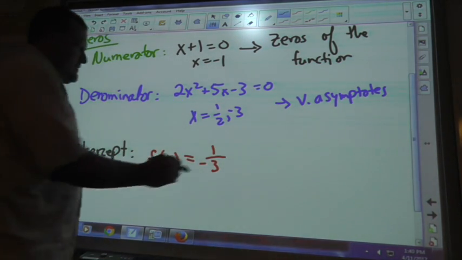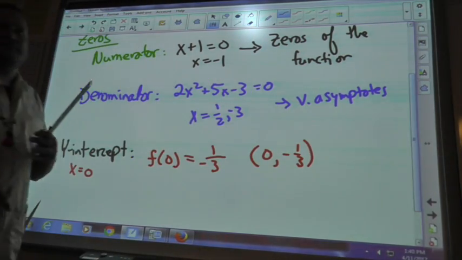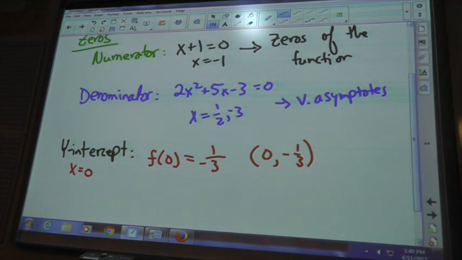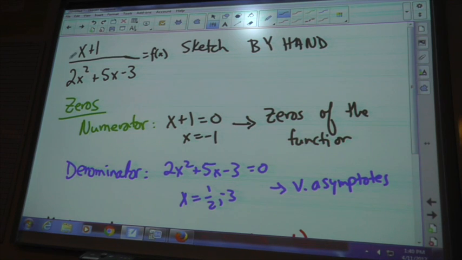So the y-intercept is (0, -1/3). When I plug in 0, these terms are gone, and I get -1/3, right?